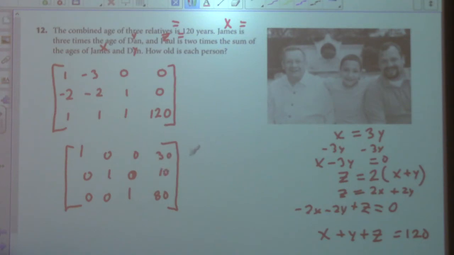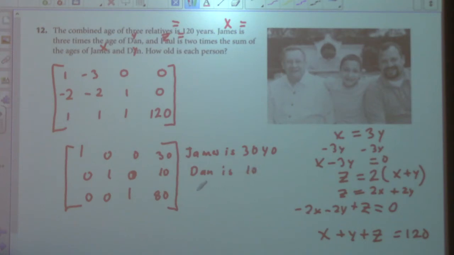So we have James is 30 years old. 30 years old. That's Y-O, years old. And next we have Dan. I'll just say Dan is 10.